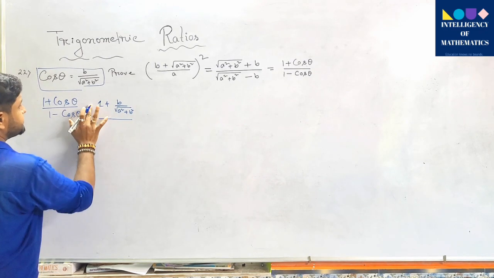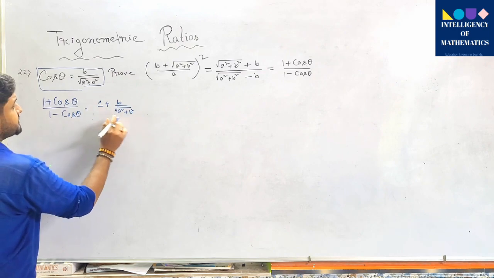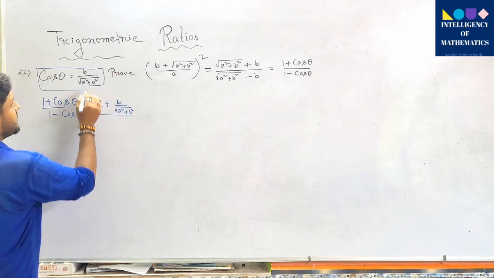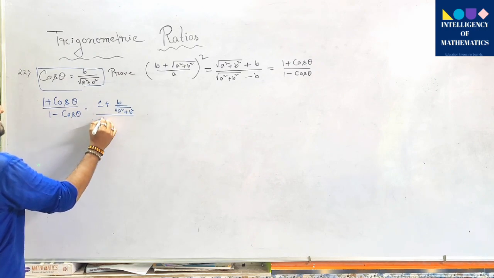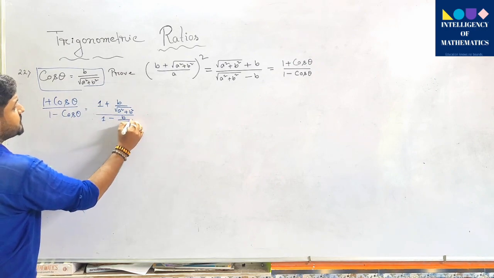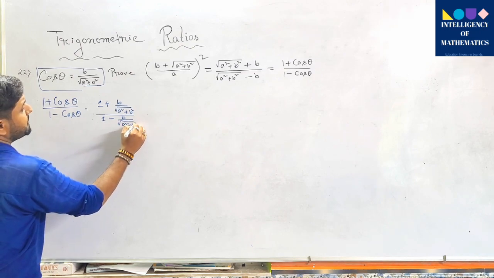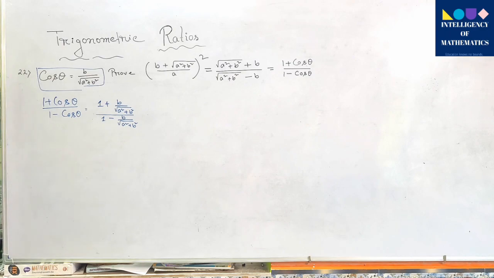Same way, here 1 minus cos theta. So for 1 minus cos theta, we will put the value, that is b by root over a square plus b square. Hope you understood this much. We have only written the cos theta value, the given thing, here and here.